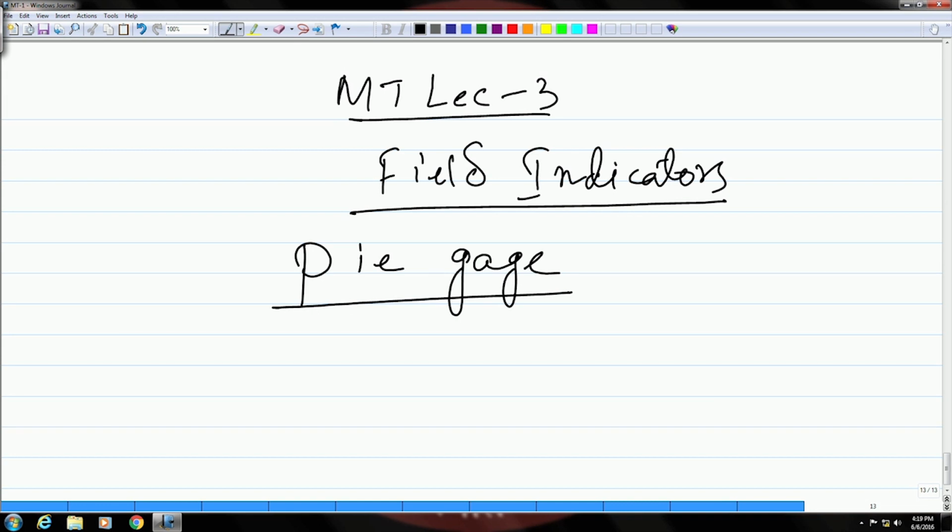This is again a small coin made of a highly permeable magnetic material, and this coin can be divided into 6 or 8 parts, so it can be a hexagon or an octagon like this.